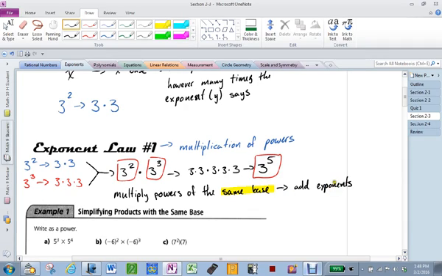Is everybody cool? Now, I'm going to write that in mathematical terms, not a specific answer. X to the a, so x with any exponent, times x, same base with any exponent, is x, same base, to the a plus b.